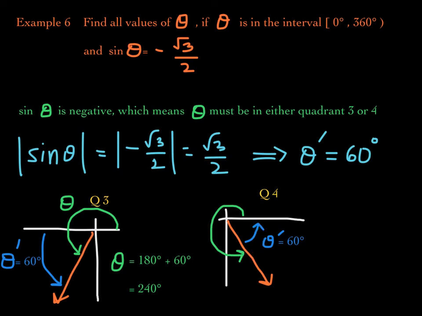So 360 degrees minus 60 degrees would give me 300 degrees. So all of this is theta. So 300 degrees is our other answer, our second answer, and that's if theta is in quadrant 4.